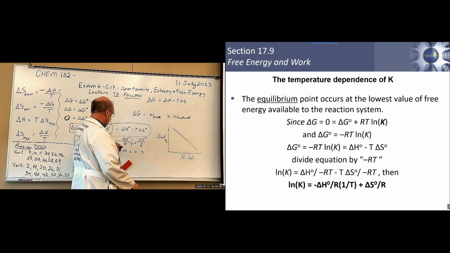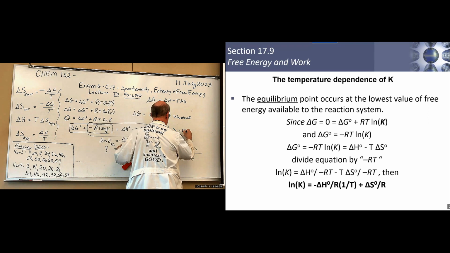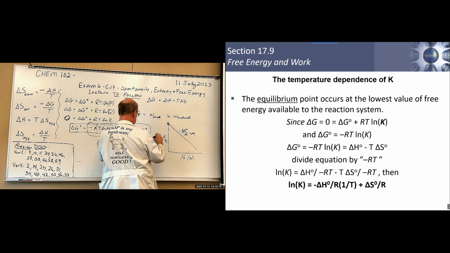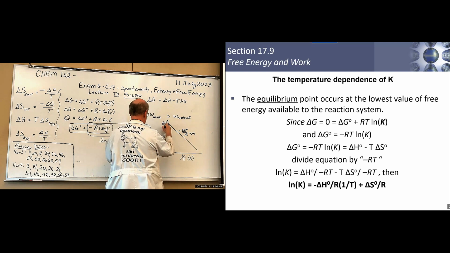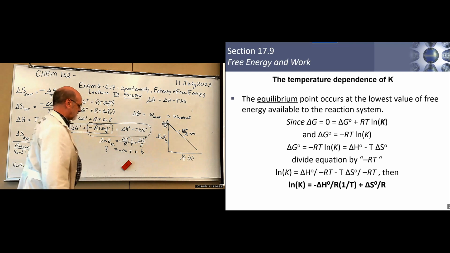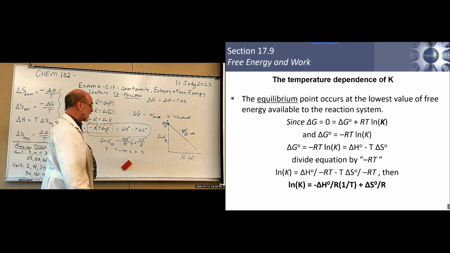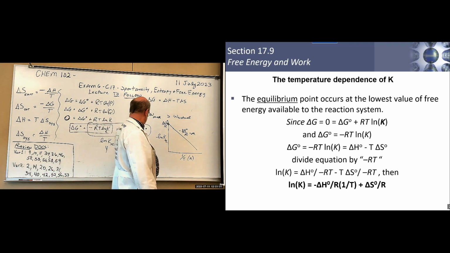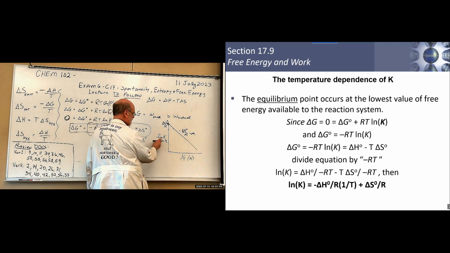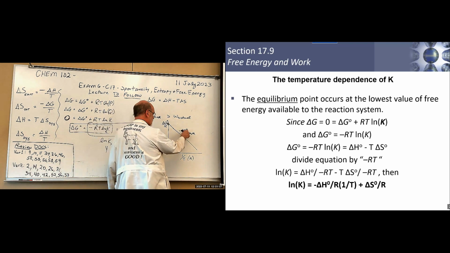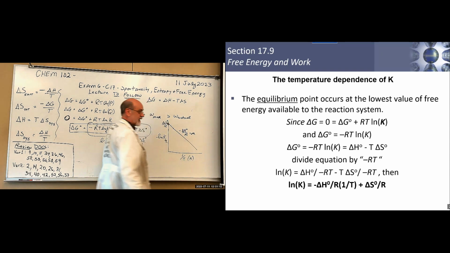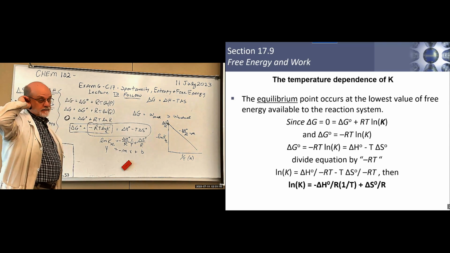The slope of that line is negative delta H0 over R, and the intercept of the line is equal to delta S0 over R. So if we run an experiment with at least 2 data points where we calculate K at different temperatures, and then plot the inverse of the temperature versus the natural log of K, we can get both the standard enthalpy of the reaction and the standard entropy from that data.